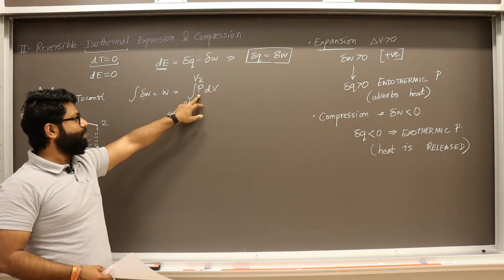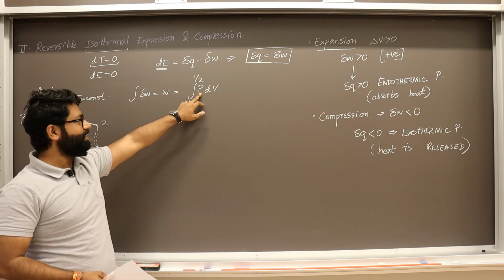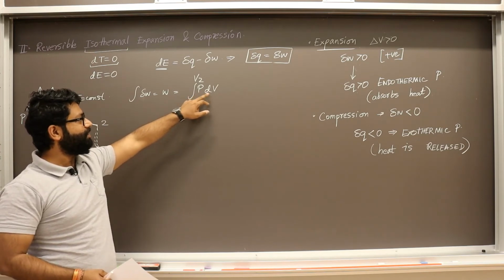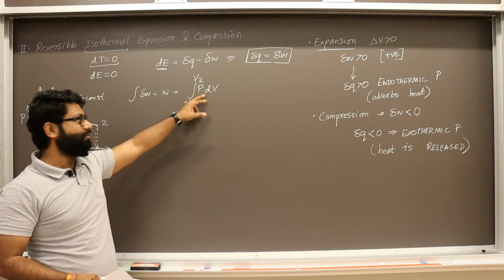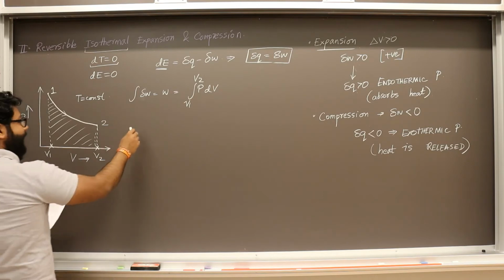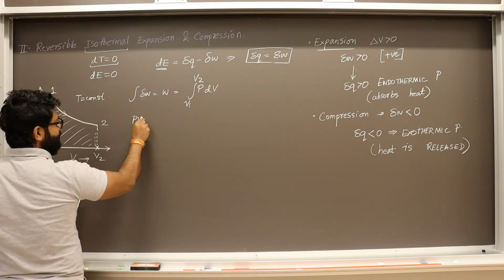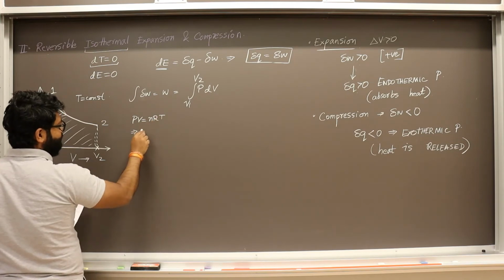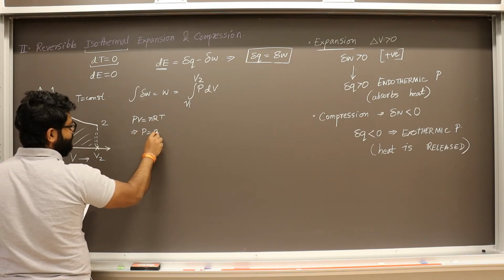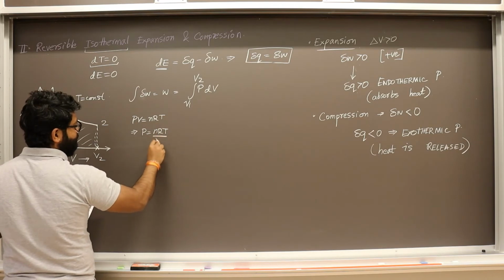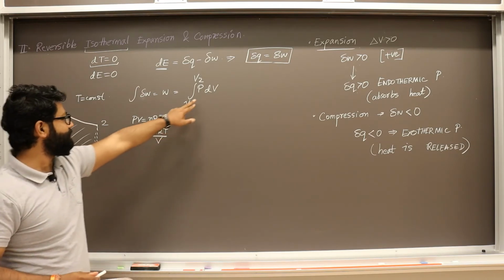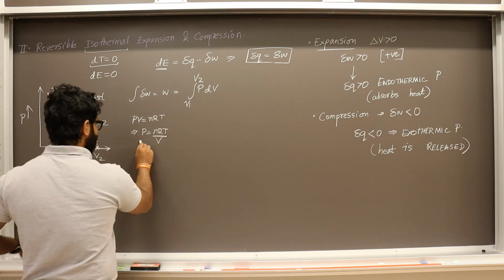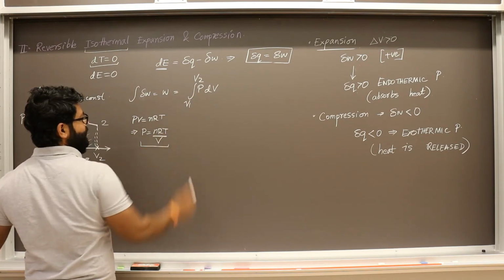So we want to substitute P with something which is a function of V so that we can integrate it. For an ideal gas, PV is equal to nRT. Therefore, P is nRT by V. So we'll be substituting the value of P here.